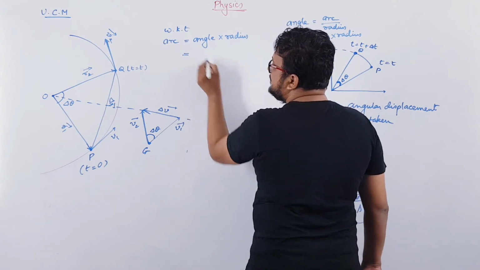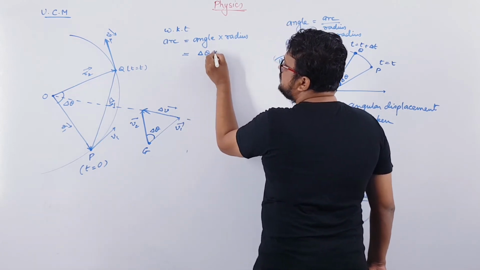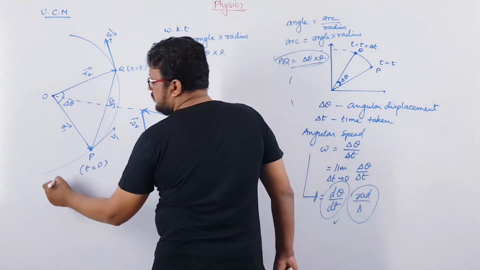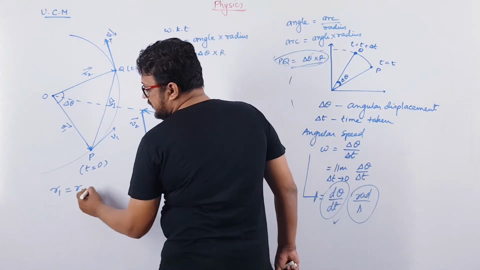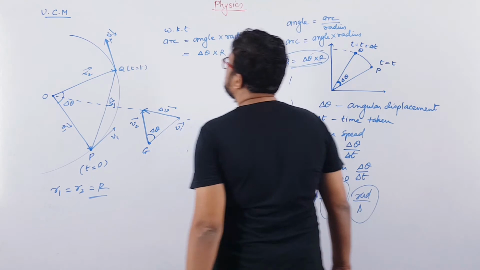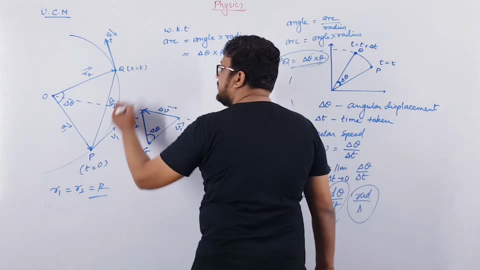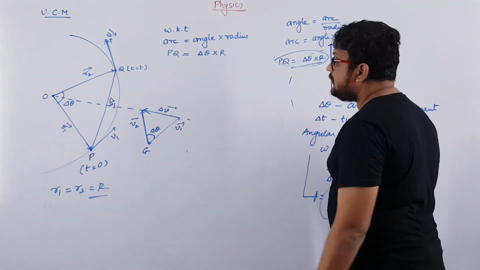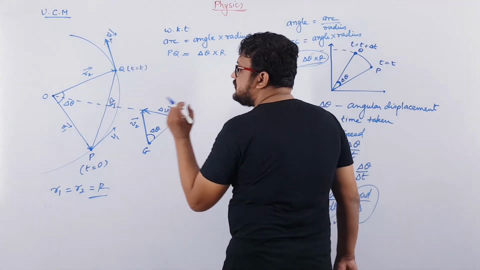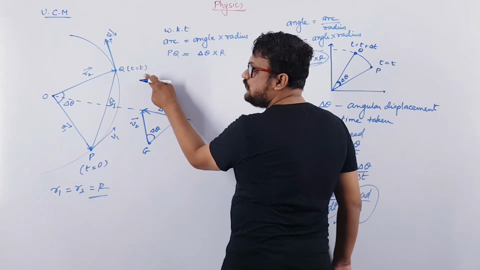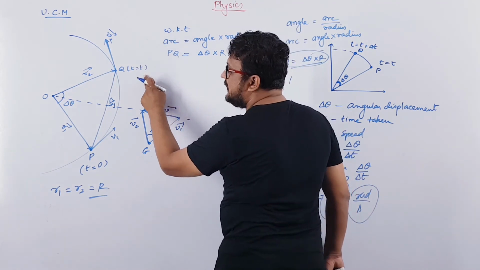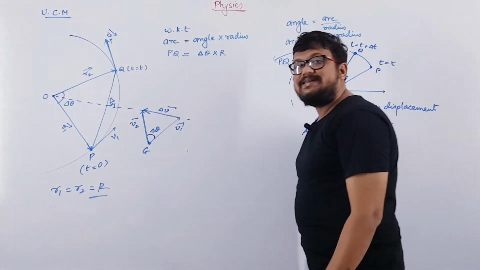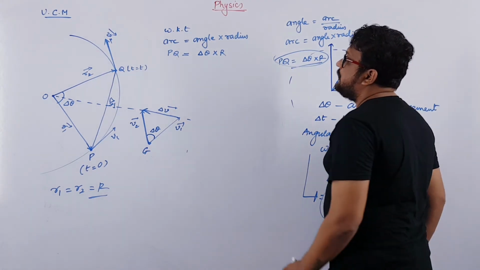So here angle is delta theta and radius we have taken as capital R. R1 we have assumed that R1 is equal to R2 and that is equal to R. So here arc is PQ, distance PQ, right? If delta t is very small, if this time interval is very small, then in that case distance and displacement will be nearly same, that we have already discussed.